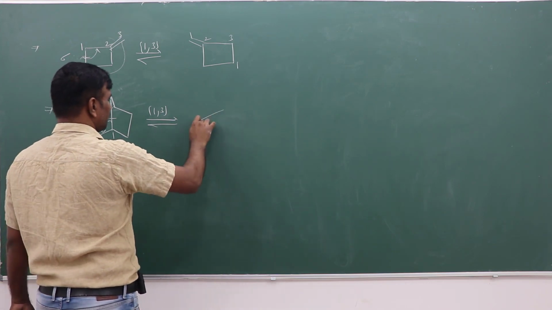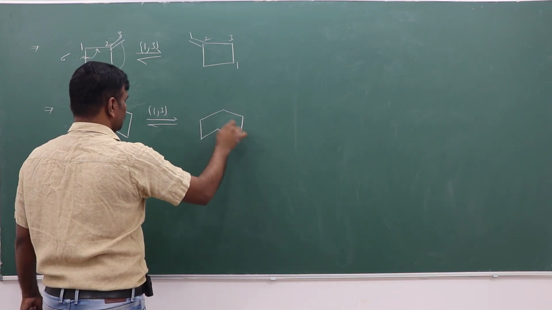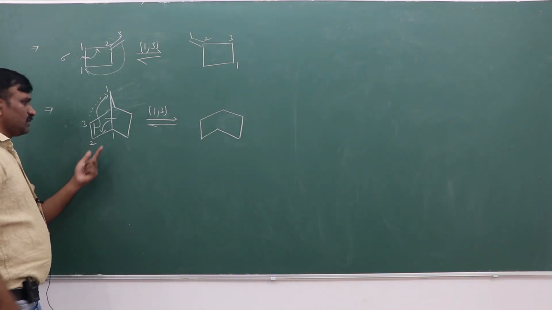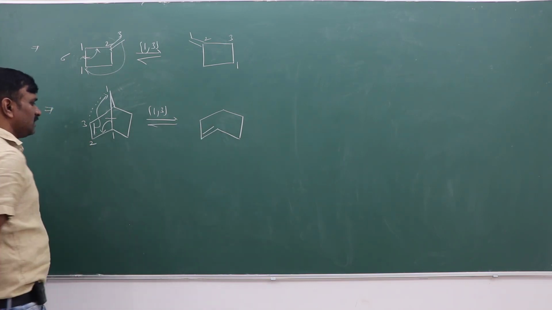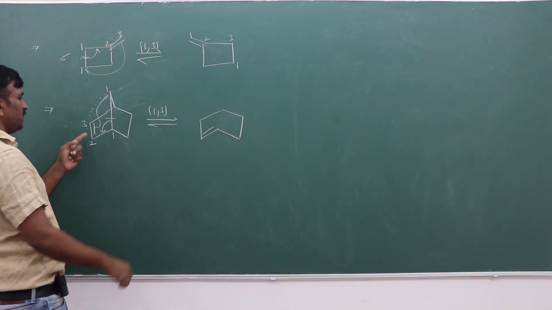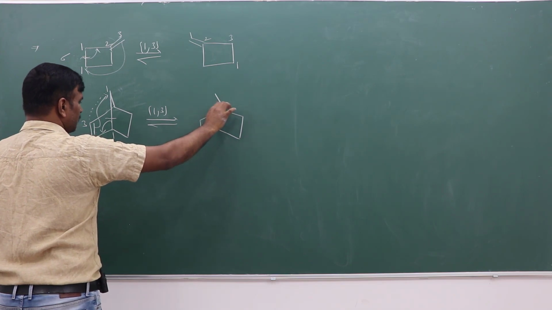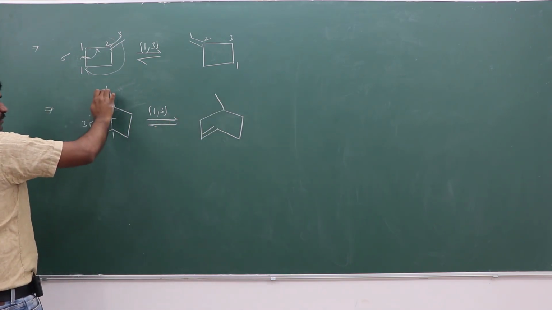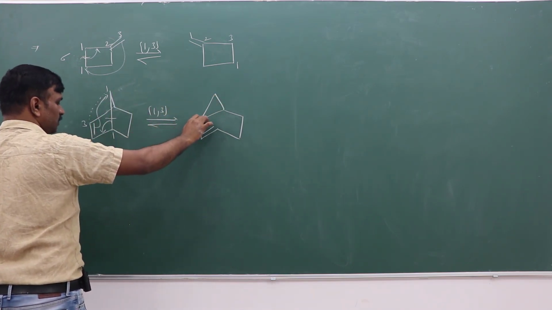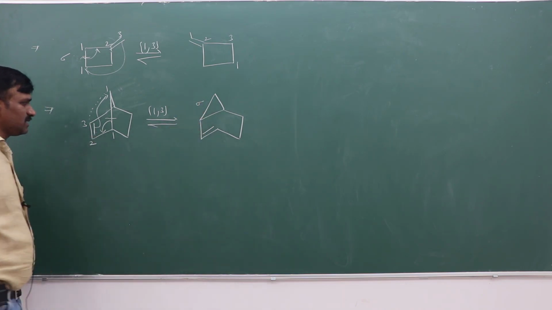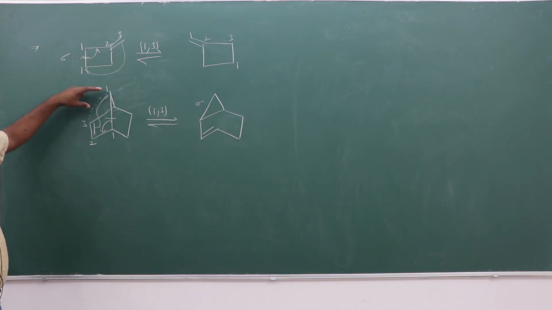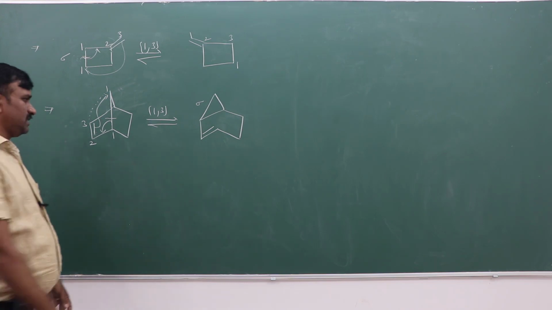So what will happen? This 1,2 position, bond formation takes place. This 1,1 position bond is going to break. So at the 1,3 positions, there is a new sigma bond formation. The 1,1 position sigma bond breaks, and the 1,3 position bond forms, right?